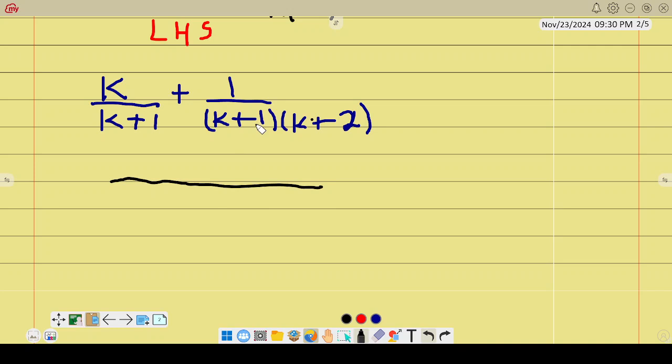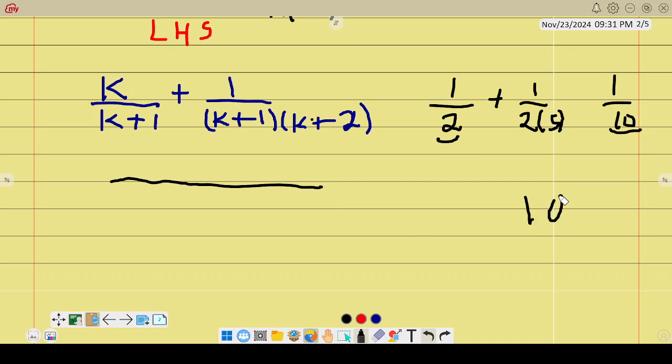Here, it is just like if we have 1 over 2 plus 1 over 2 times 5. So 1 over 2 times 5 simply means 1 over 10. What is the common denominator between 2 and 10?